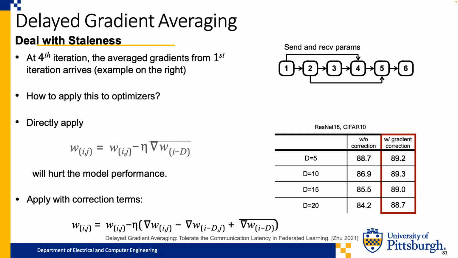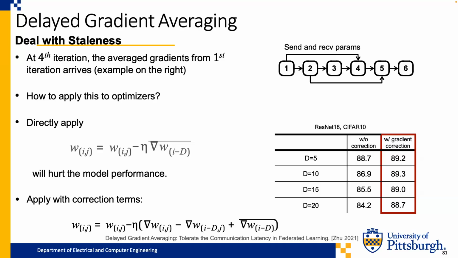D is the number of steps, how many steps earlier. You can see that if I just use a delay of 5 steps without any correction, directly applying this, the accuracy is 88. If it's 20 steps, the gradient is even older, and the accuracy is even worse. And this is the accuracy after some fixing, this gradient correction.